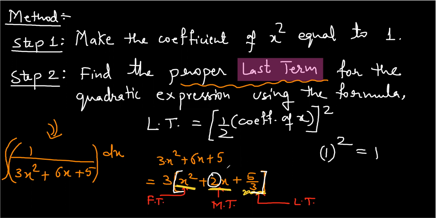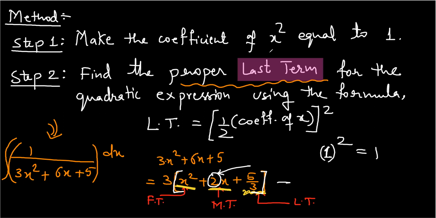Very simple. 1 upon 2 times the coefficient of x. The coefficient of x is 2. 1 upon 2 into 2 is 1, and the square of that is 1 square, which is the last term. What will I do next? Once I get the last term, which is 1, I shall write it here.